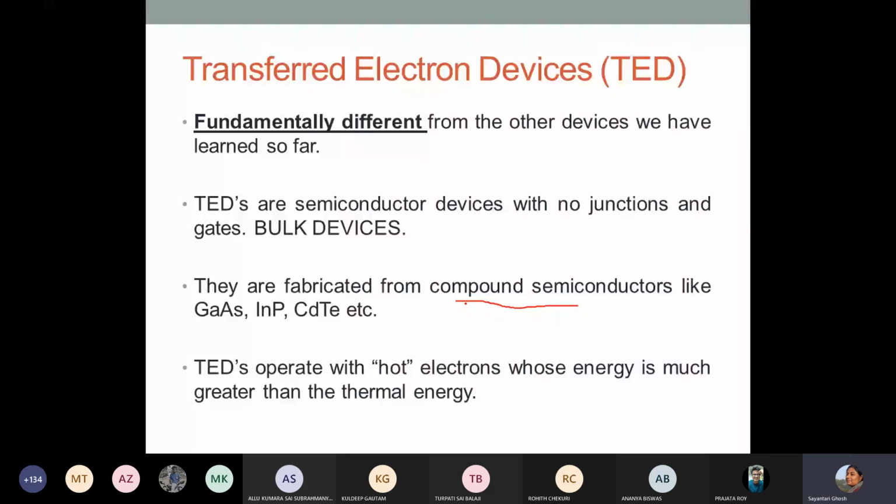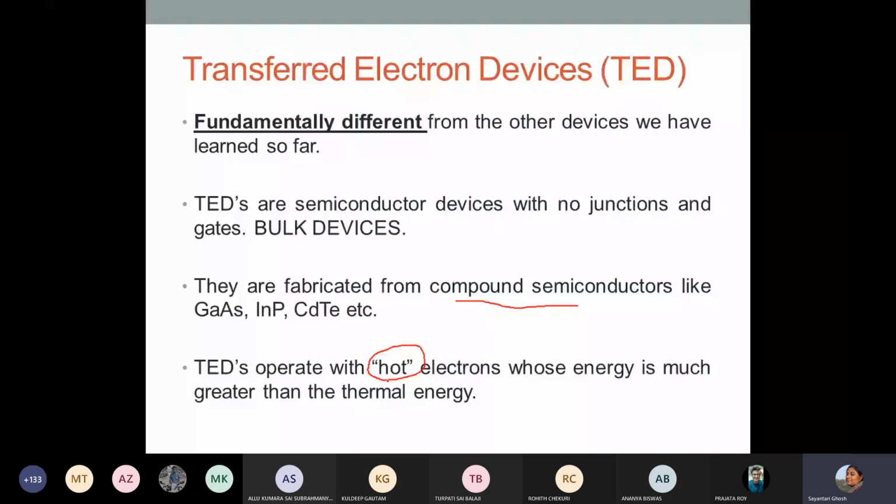But these particular devices, gunn diodes, which are called transferred electron devices, are fundamentally different in these aspects: these are bulk devices without any junctions. These can be made only with certain semiconductors, and these work with electrons which we call hot electrons. The electrons that we usually have, we call them warm electrons, which have energy equivalent to room temperature. Room temperature is T; you multiply it with the Boltzmann constant k_B and you get the energy equivalent of that.